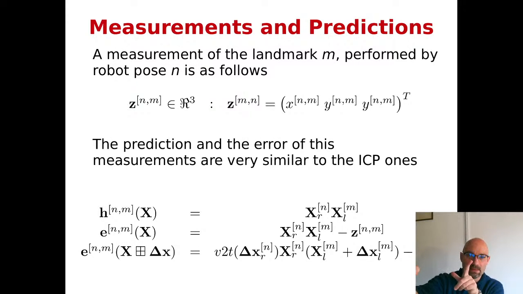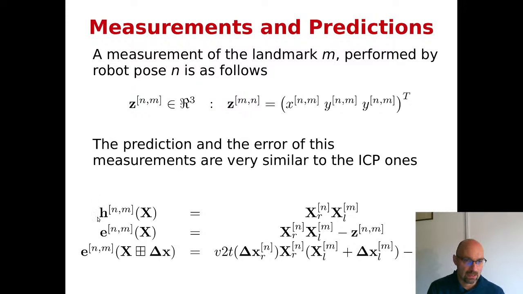How to express the position of the landmark in the robot reference frame? Well, we take the position of the world with respect to the robot, this is XR here, and we multiply it, being a transform, by the landmark position in the reference frame of the world. And this returns the position of the landmark in the reference frame of the robot, which is actually the prediction I want to have to solve this problem.